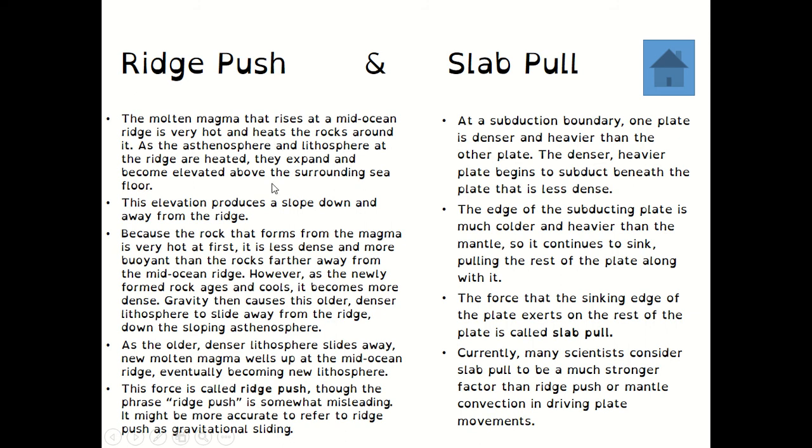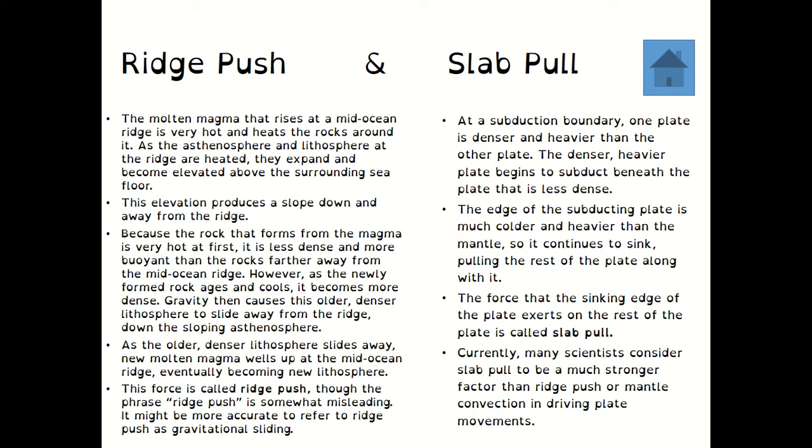So, ridge push then. This happens at mid-ocean ridges, at your constructive plate boundaries. The magma is very warm, it rises, and rock is very bad at conducting that heat away. So it causes the rock at that point where it's rising to expand, and that means it's higher up than the surrounding sea floor.